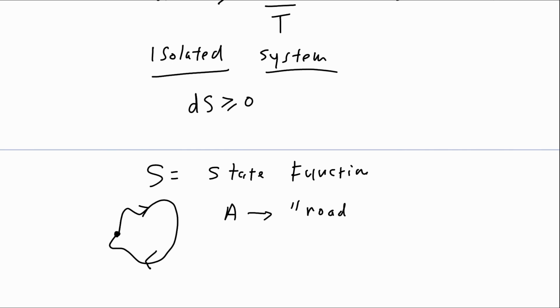It's a good idea, by the way. And then come back to A, right? I've gone around in a loop, and delta everything is 0, right? Delta S equals 0, delta U equals 0 for a closed cycle here.